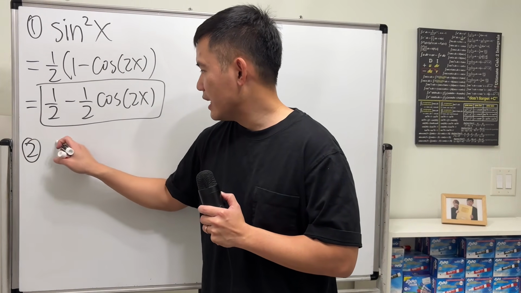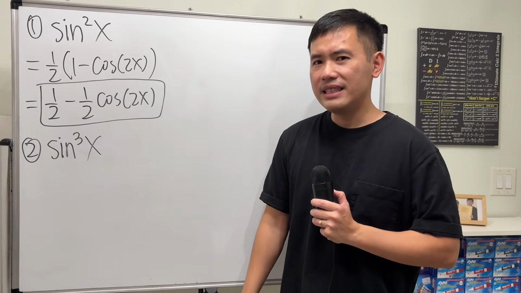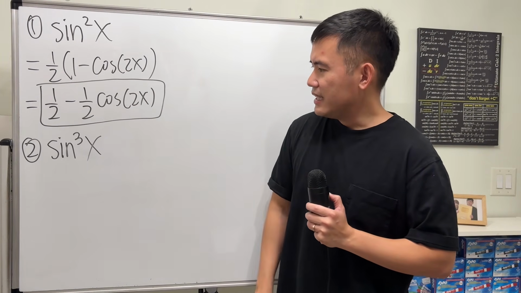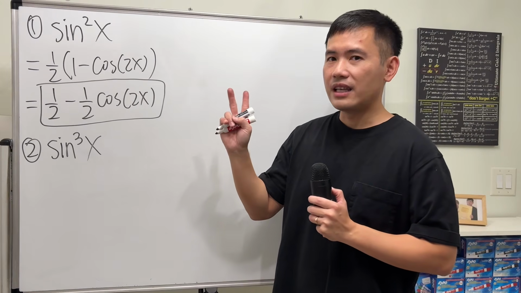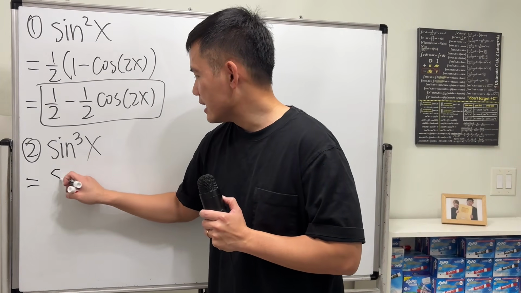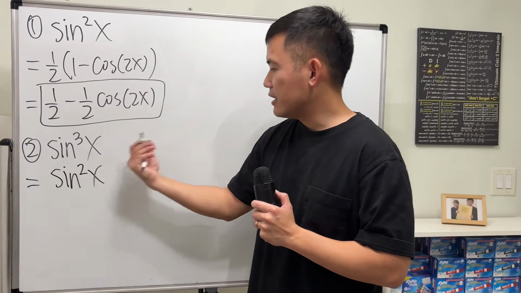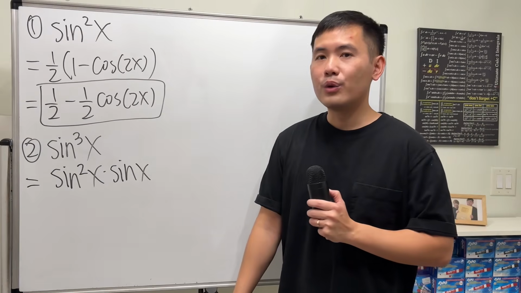Number 2, let's look at sine to the third power x. Earlier I didn't give you any identity with the third power, right? All the identities I gave you were for the second power. So why don't we separate it? Let's separate this as sine square x and take out one of the sine x here. Together, we have the third power.